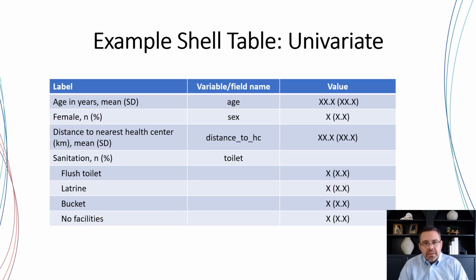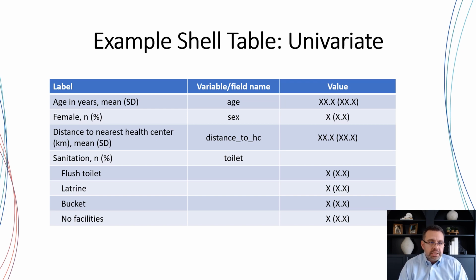So to help make this a little bit more concrete, I want to run through a few mock or example shell tables here, just so you can get a feel for what this might look like. And I decided to break this out into the different types of tables you might see in a manuscript, whether it's a table highlighting univariate associations, bivariate associations, or maybe what you might present for, let's say, a multivariable regression model.